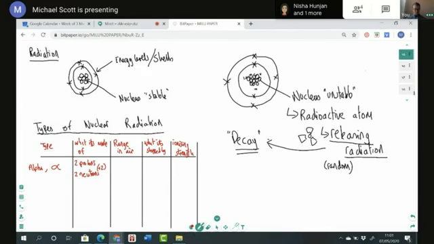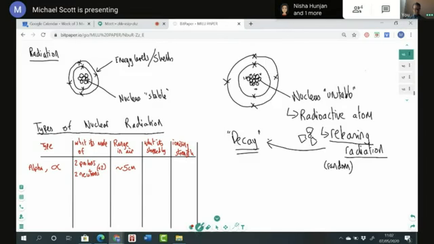Now, alpha radiation's range in the air, in other words, how far it can travel. Well, alpha radiation can only travel up to about 5 centimeters. It can't travel any further than that. It just starts to break apart.